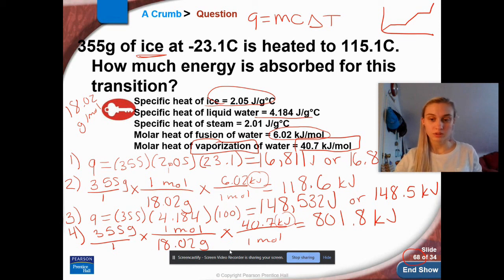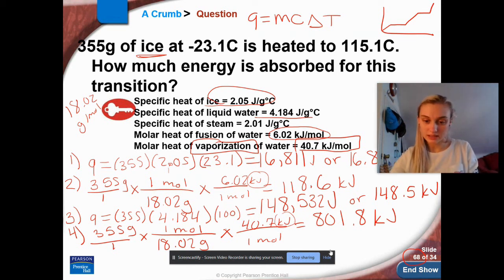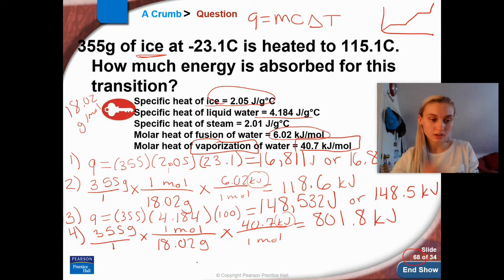And so now we're on to our last step. This is going to be step 5. We're completely steam now, and we're just going from 100 degrees to this final temperature of 115. So we're going to do another one of our Q's. See how it's in a pattern?